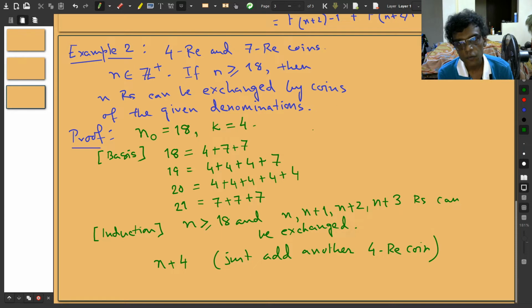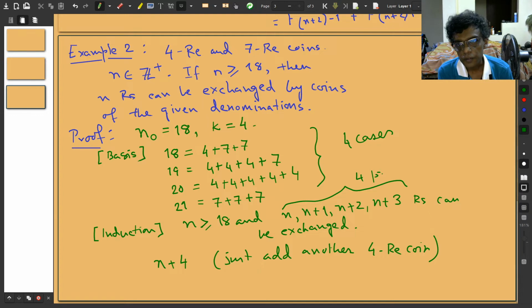Here I have to show 4 cases. This is important: 4 base cases must be considered, and here 4 previous values.